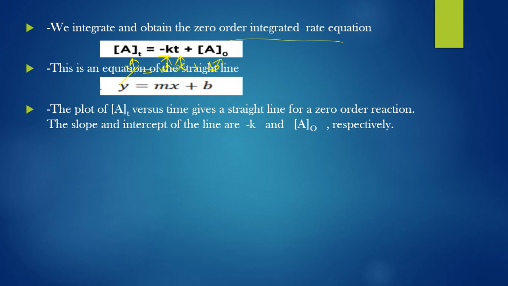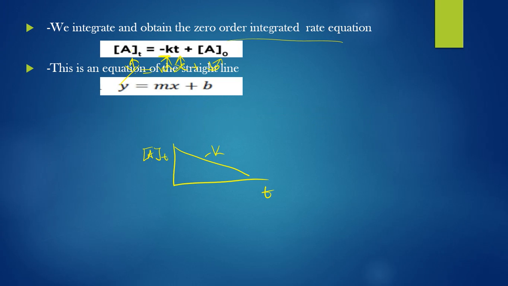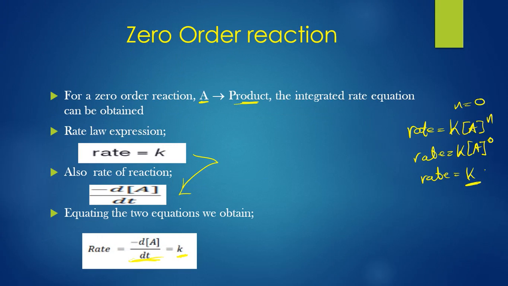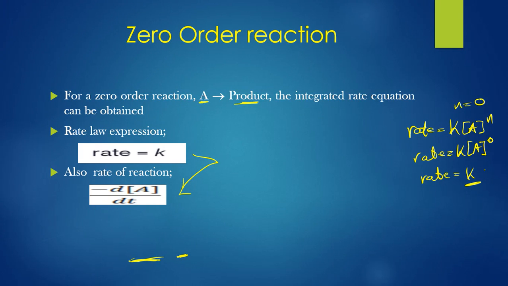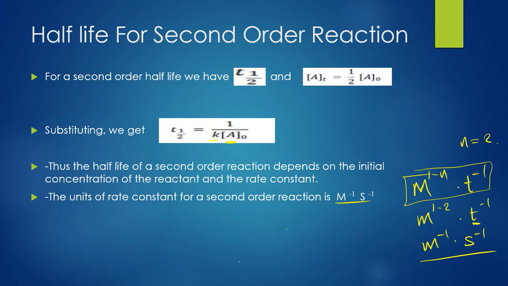So if I told you to plot this, it's dropping like that. It's a concentration against time, and since it's a negative, the slope is negative. But for the second order, I didn't show you.